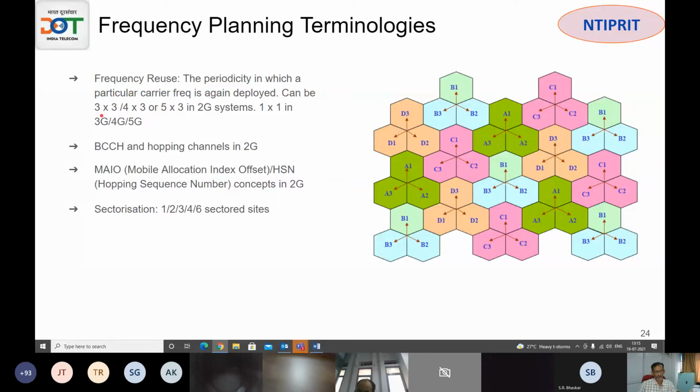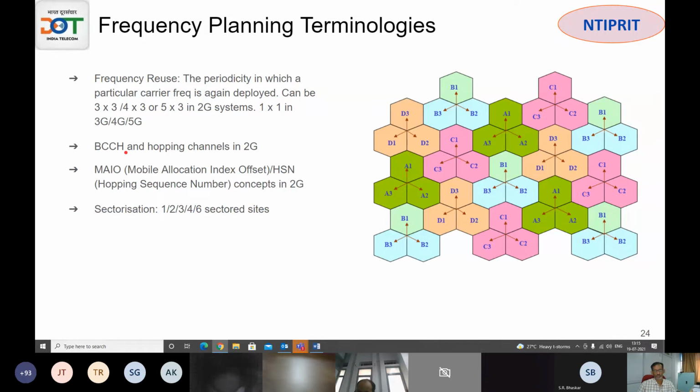There we had 3x3 or 4x3 or 5x3. That means that every third site will reuse this green frequency. That is 3x3. If you are reusing every fifth site, then we say 5x3. So this is the kind of concept which is being used.